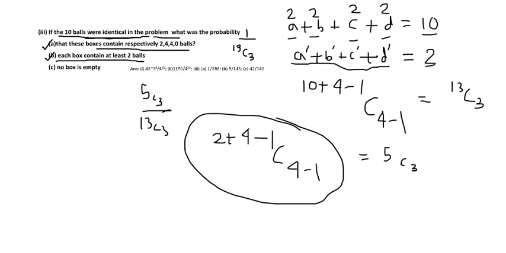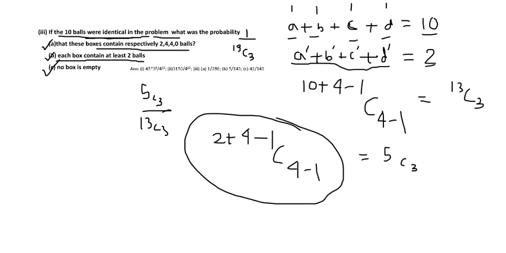Now coming to the last part of the problem, that no box is empty. This is possible if at least one ball is assigned to each of the boxes. So instead of 2, what you have to do is just consider 1. Just put 1 in each of the boxes.